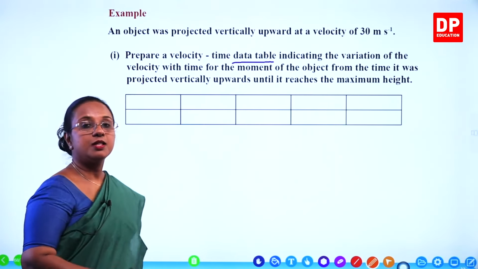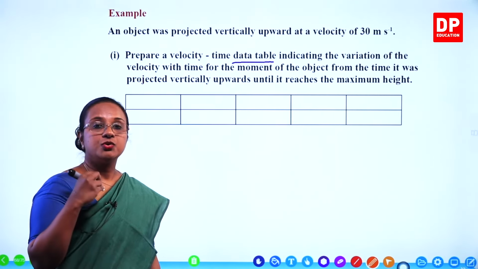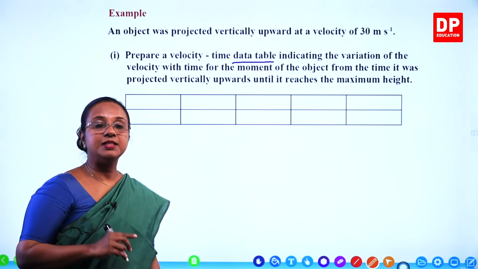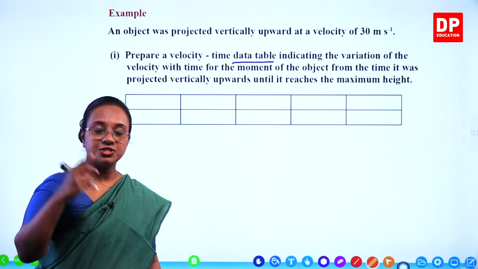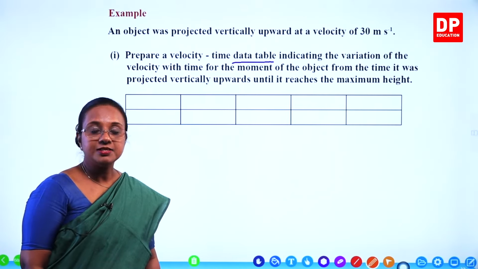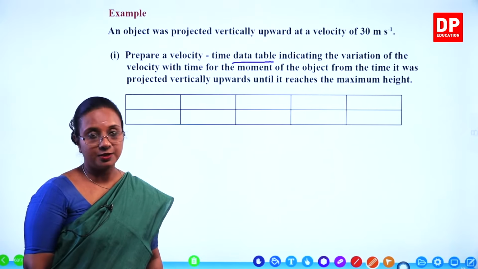So again, we are projecting an object upwards. So it has an initial velocity. It will go up, but the velocity will decrease because the gravitational acceleration is acting downwards. And finally, when it reaches the maximum height, the velocity will be 0.